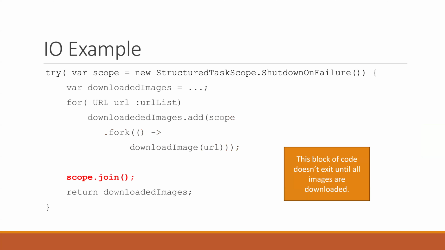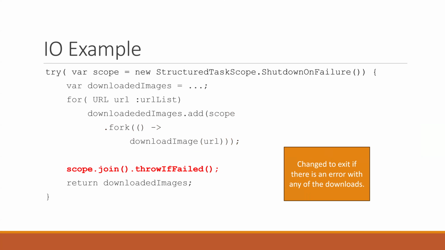Okay. This block of code is doing what? Waiting for them all to come home, right? When they're all done, then I'm going to return all the images at once. Now, if I change this to exit if there's an error with any of the downloads, see the throw if failed.